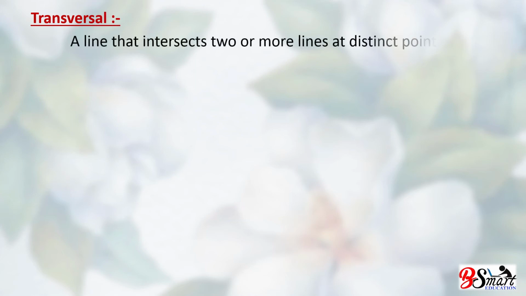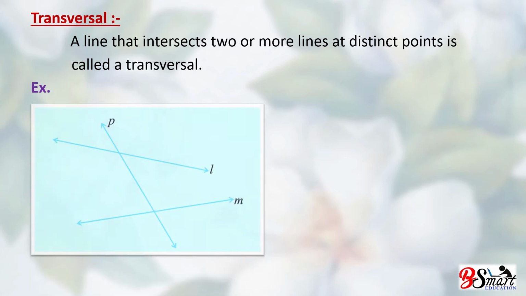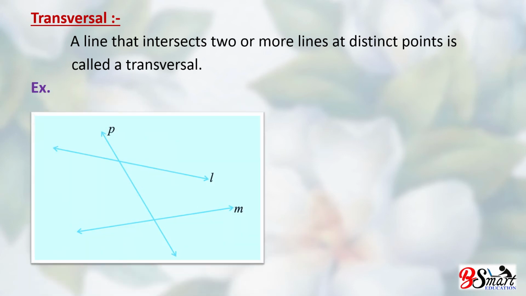Our next topic is transversal. A line that intersects two or more lines at distinct points is called a transversal. For example, in example 1, line P is a transversal to the line L and line M because the line P intersects line L and M in distinct points.